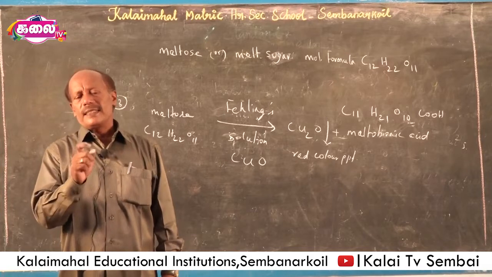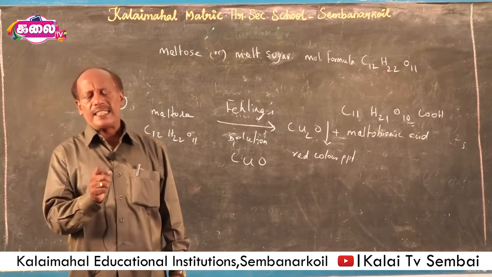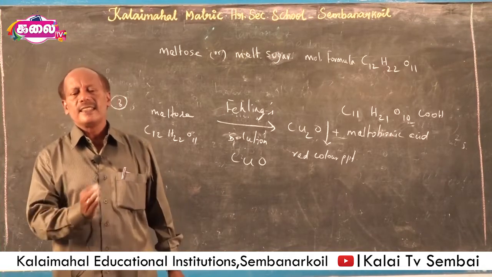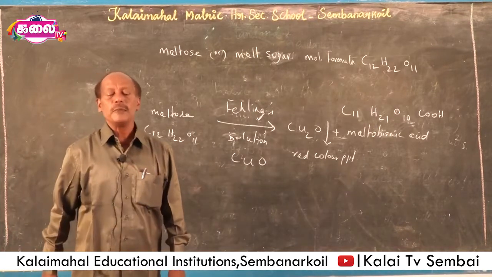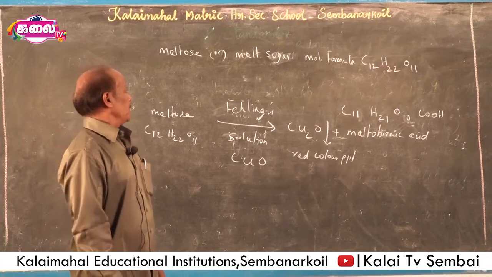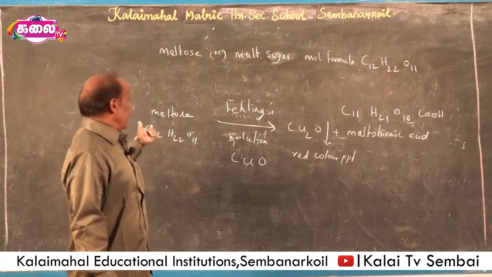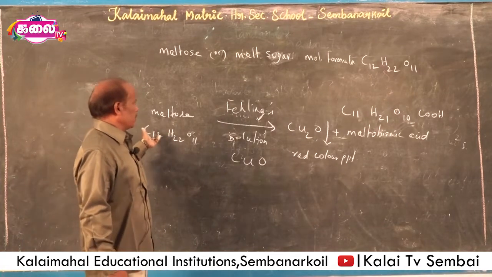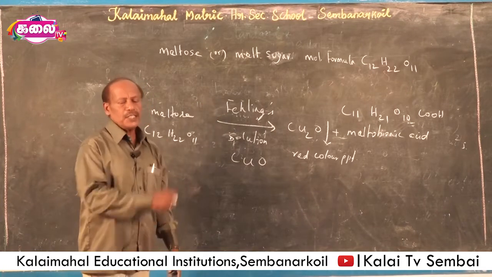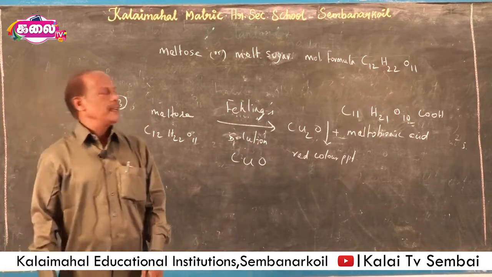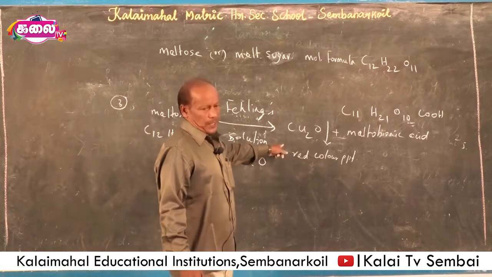You see silver metal deposited inside the wall of the glass tube that looks like a beautiful silver mirror. If the aqueous solution of maltose is treated with Fehling's solution, stirred well, then heated in a water bath and cooled, we get a red color precipitate.